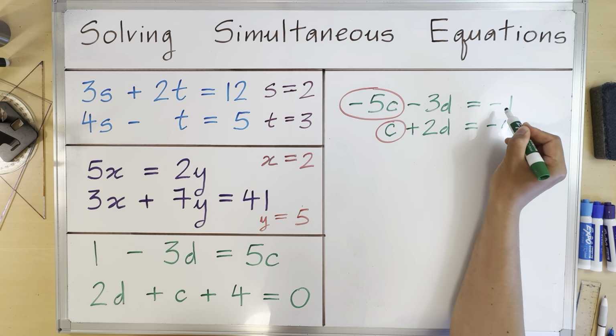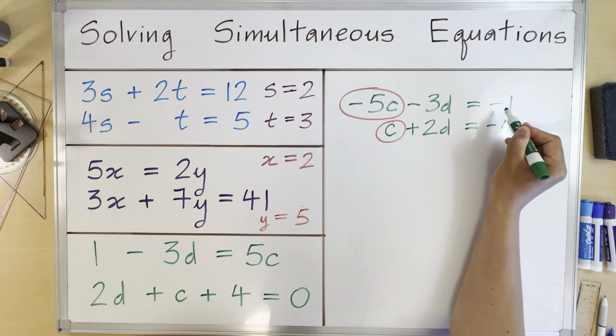So now, negative 5c minus negative 5c would be the same thing as negative 5c plus positive 5c, which will give us 0. And since it's 0, we do not have to write it.